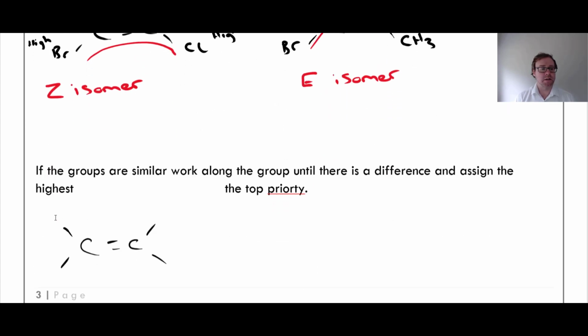Okay, so things start to get slightly more complicated if we have longer substituent groups attached around the double bond. So if the groups are similar, work along the group until there is a difference and assign the highest atomic number the top priority.